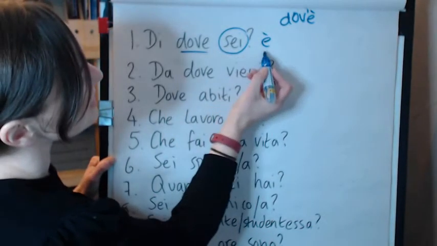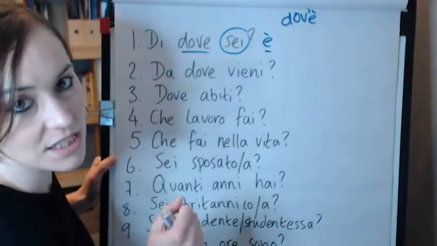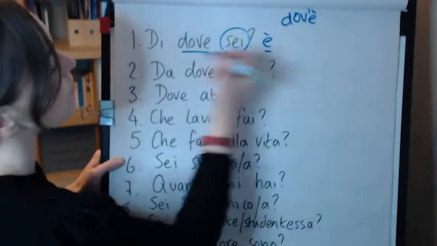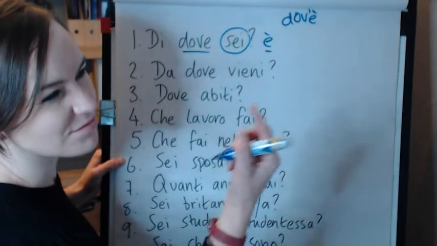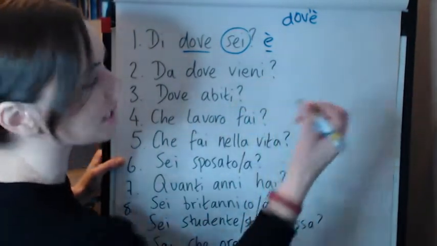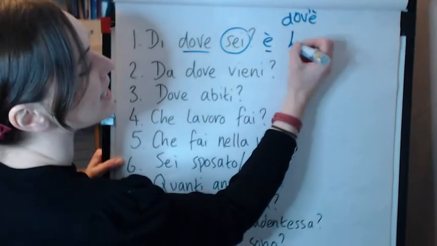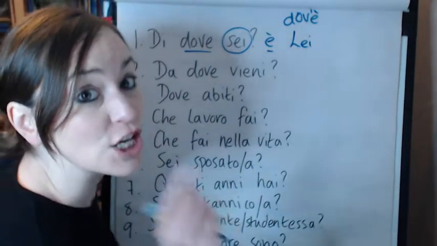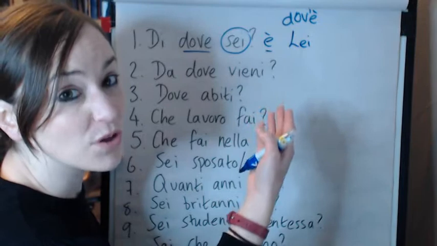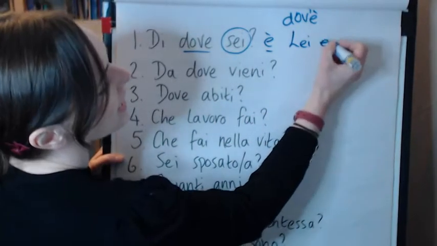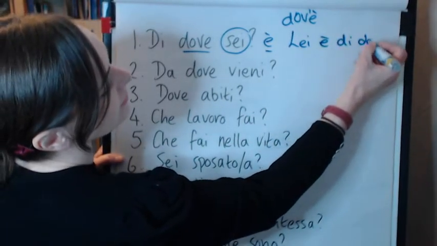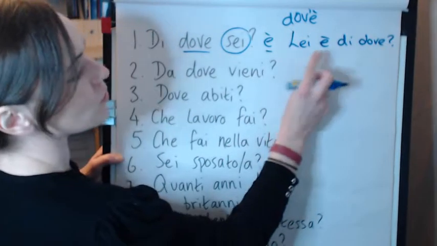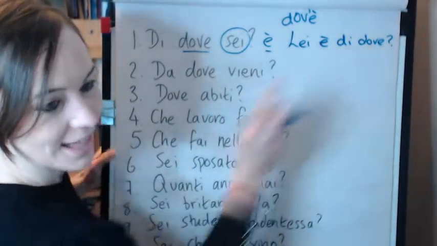So this is the third person singular of essere. But you can also make it clearer who you're addressing at the beginning by putting the subject pronoun lei, which is basically you in the third person formal. Lei è di dove? You are from where?